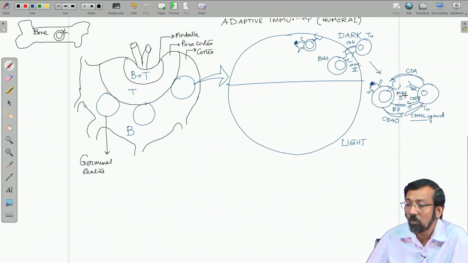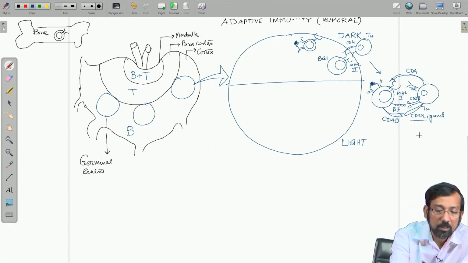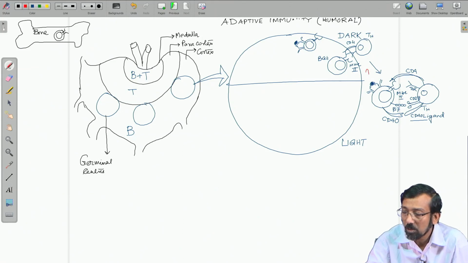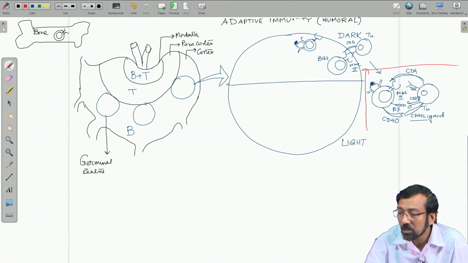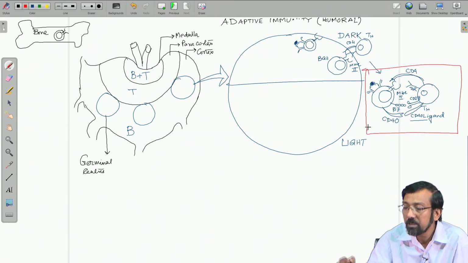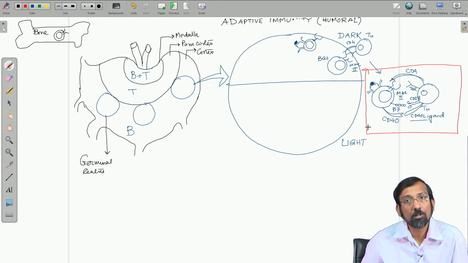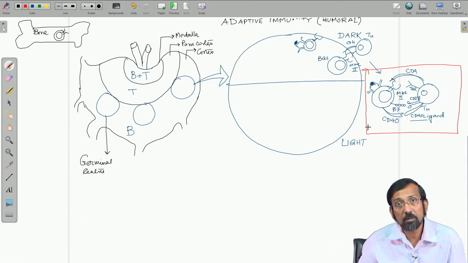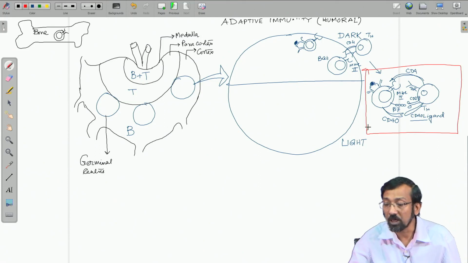Once these interactions are complete, then there is activation of the B cells. So, what are the interactions? Let us just revise them.